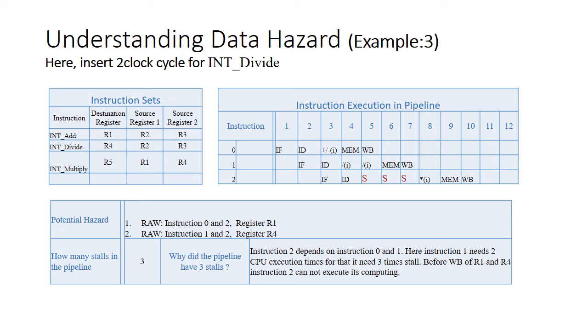The first one is with instructions 0 and 2 for the register R1, and the second one is with instructions 1 and 2 for the register R4. And here 3 stall times happen, because instruction 2 depends on instructions 0 and 1. Instruction 1 needs 2 CPU execution cycles. For that it needs 3 stalls, because before the write back of R1 and R4, instruction 2 cannot execute its computing.